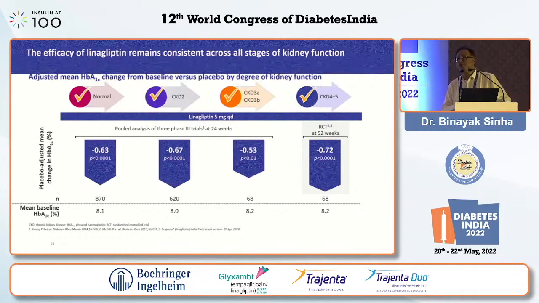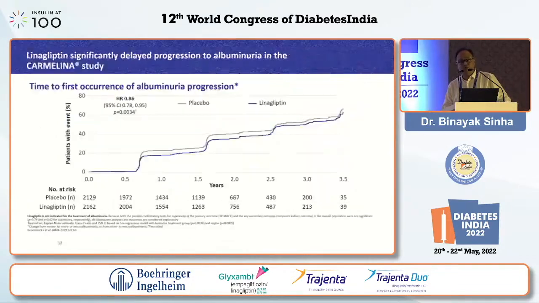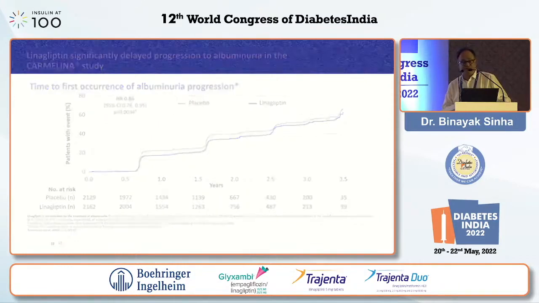In fact, in people who have late renal disease, the HbA1c reduction is even more prominent and is statistically highly significant. Add to this, we know from the CARMELINA study that linagliptin leads to slowing of the progression of albuminuria, kind of amplifying its positive effects on the kidney.